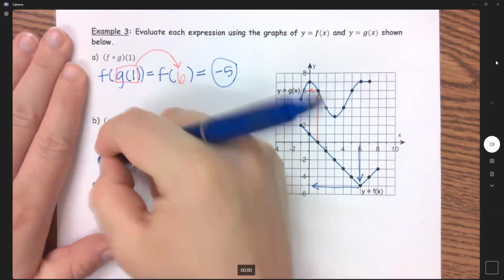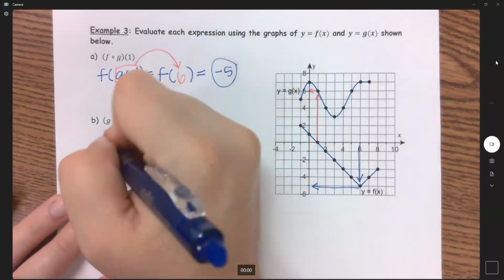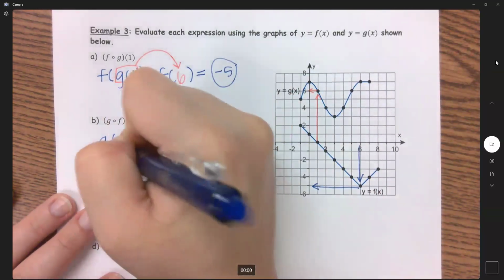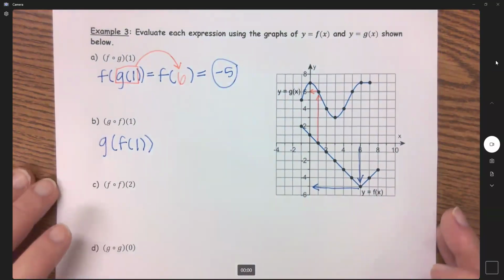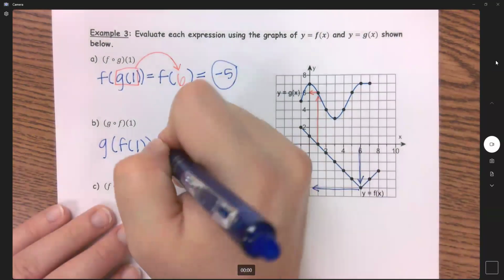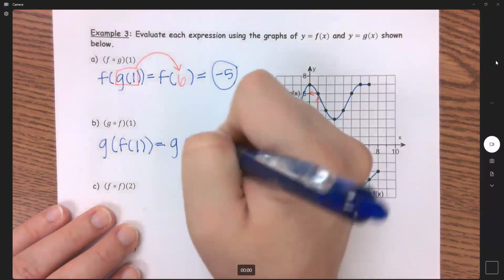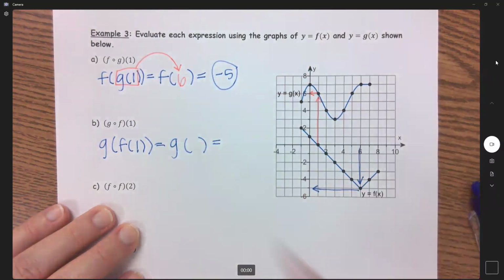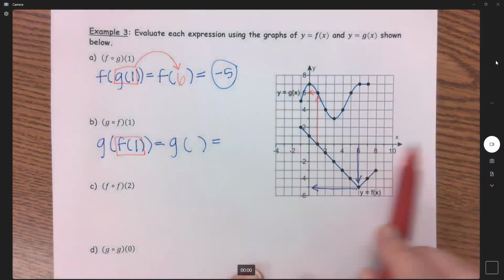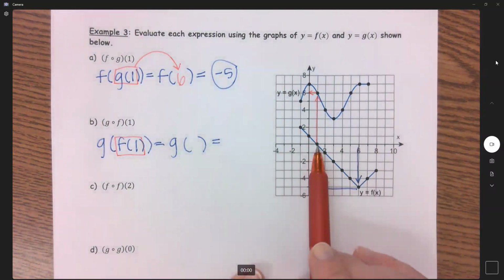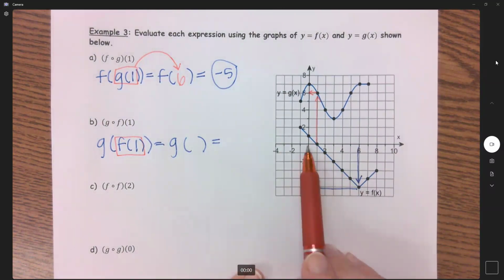Here we have g composed of f of 1. So let's first evaluate f of 1. Go along your x to when x is 1, and we're already on our f of x function. So what is that y value?